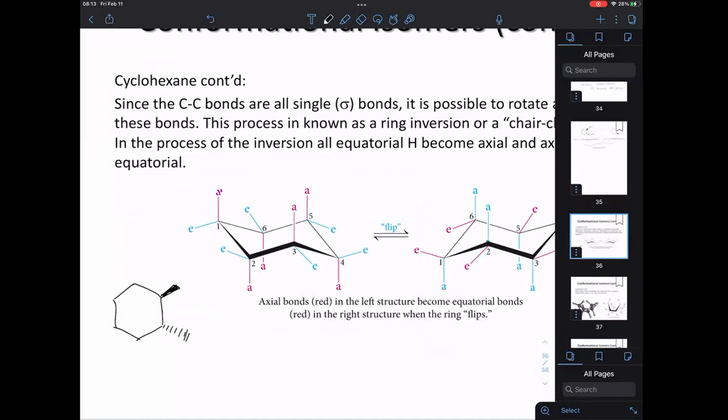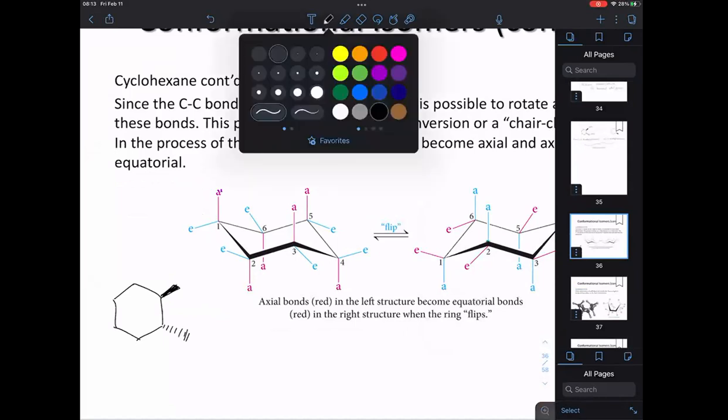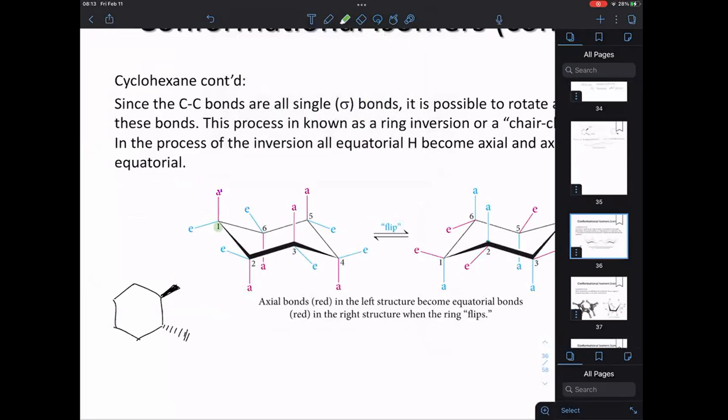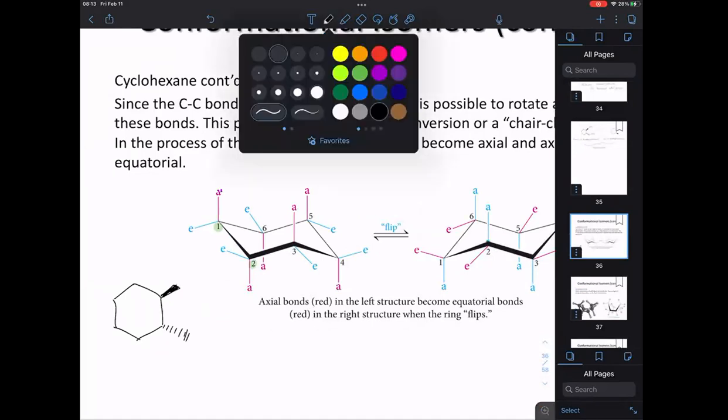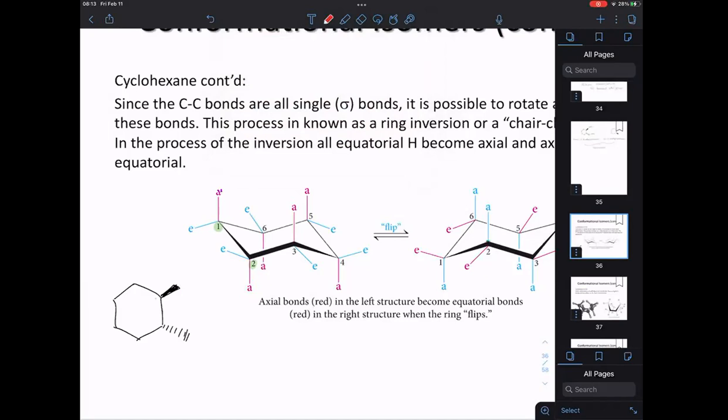So now we can imagine, let's say, right, so this is carbon 1 and 2. I'm going to kind of arbitrarily pick those 2 to work with. You could have chosen any pair of carbons that are next to one another and done this. Here's carbons 1 and 2.